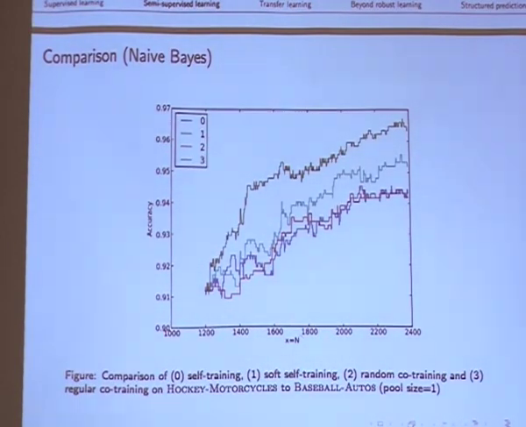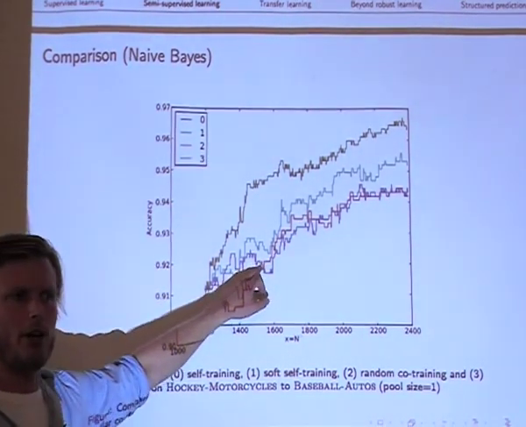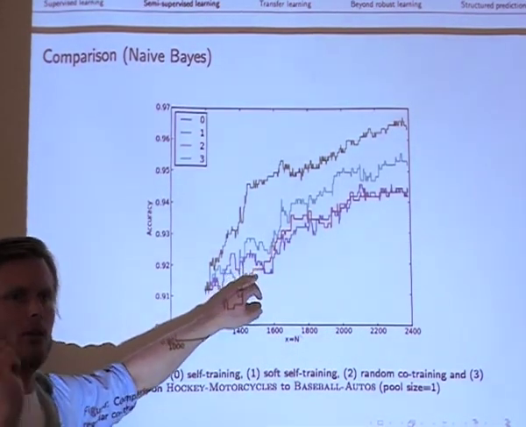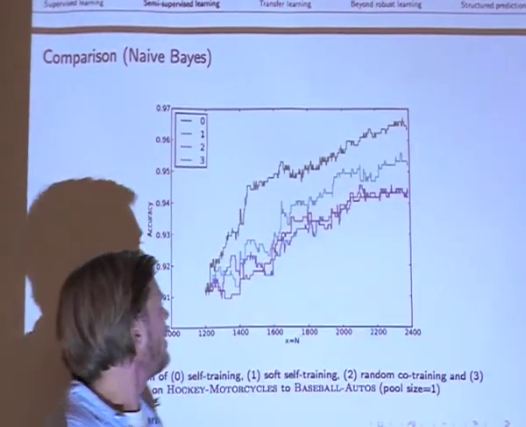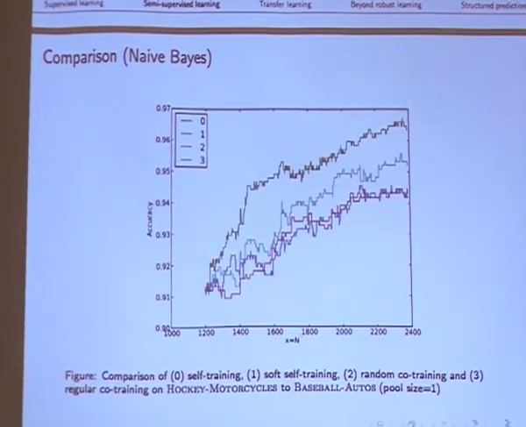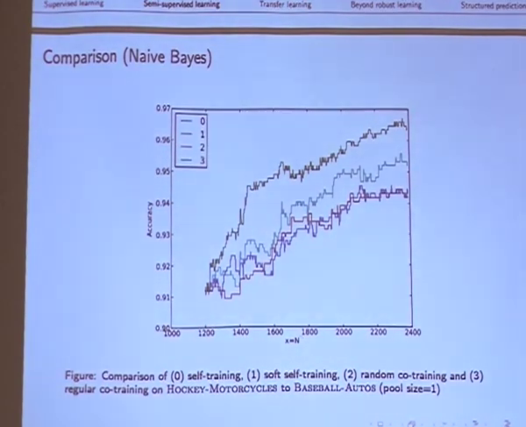Here's a little comparison, pulling just one unlabeled data point in each iteration. That's why the plot looks the way it does. This is a comparison of self-training and just random co-training, where you split the features, but randomly ask one of the two classifiers. This is standard co-training, doing slightly better, and this is just the soft self-training, essentially EM, on 20 newsgroups, whatever that tells you.